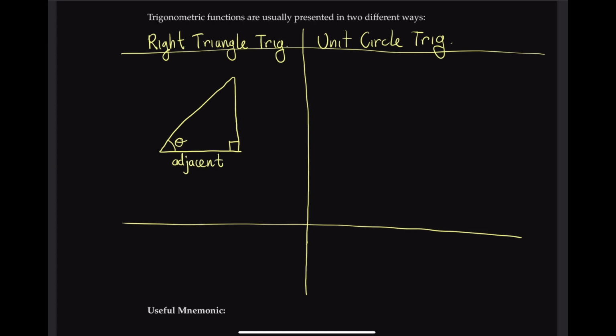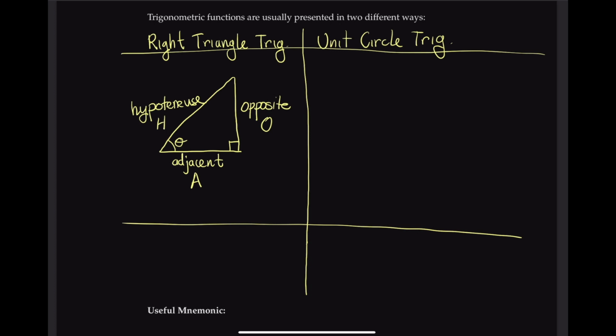And the leg that is across from that angle is the opposite side. Okay, and then we'll just use the typical term used in geometry, which is hypotenuse, for that third side that is opposite the 90-degree angle. And we'll even label these as A, O, and H today.